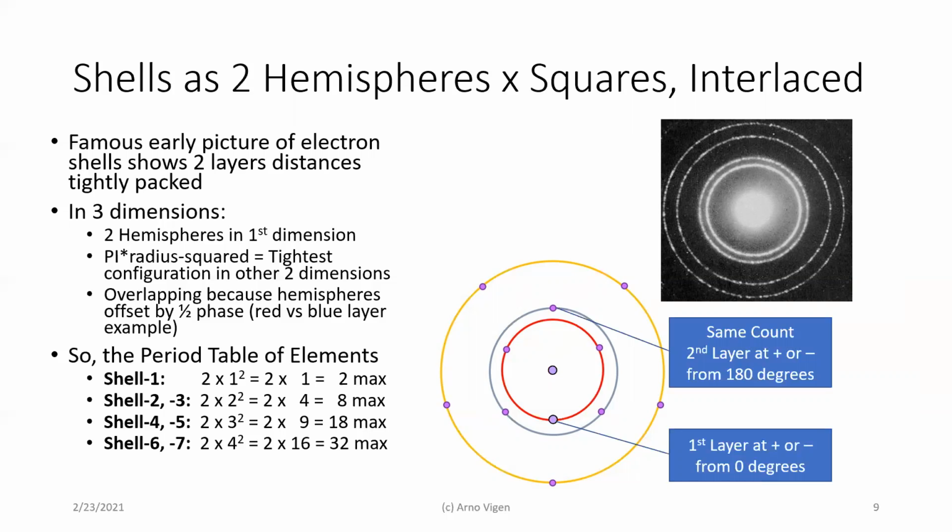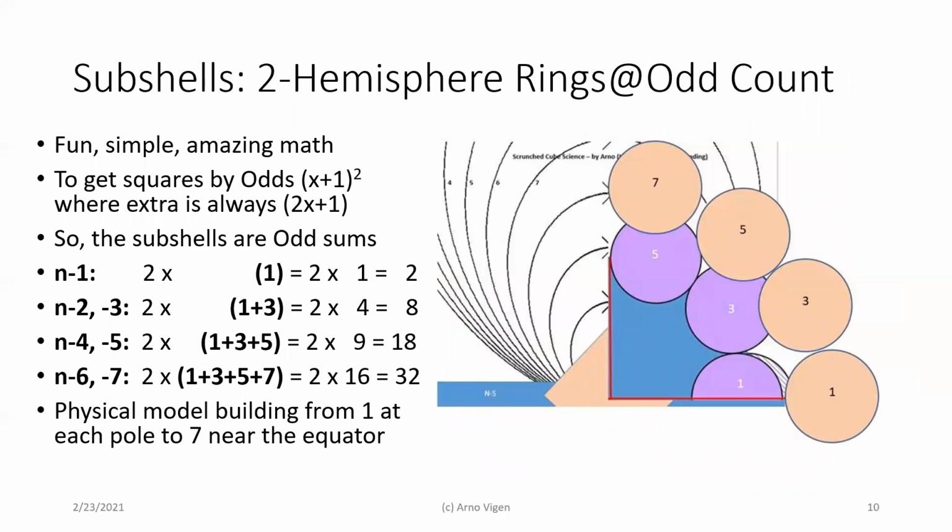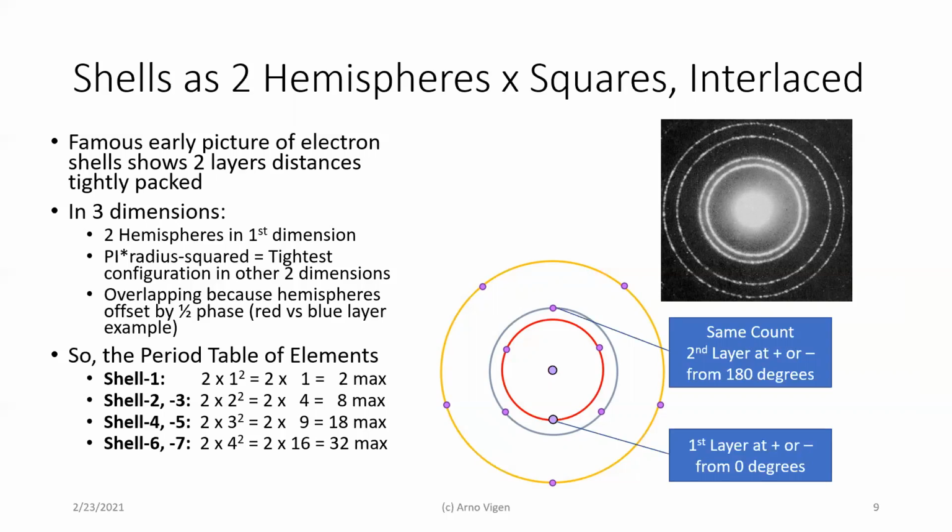Well, that's the fun, amazing math. The periodic table of elements, these shells and subshells build in 3 dimensions, okay? The 2 hemispheres is the first dimension, okay? We know that from the Pauli pairs and from the Bose cylinder math. In the other 2 dimensions, you have pi times radius squared.